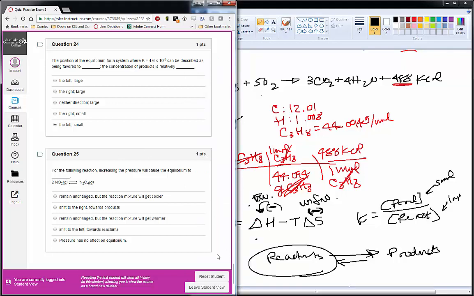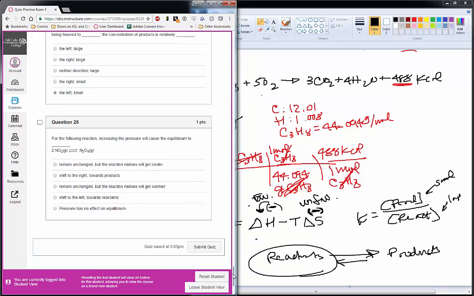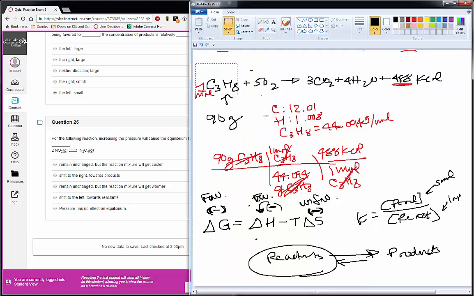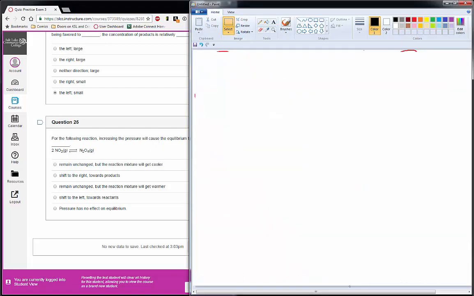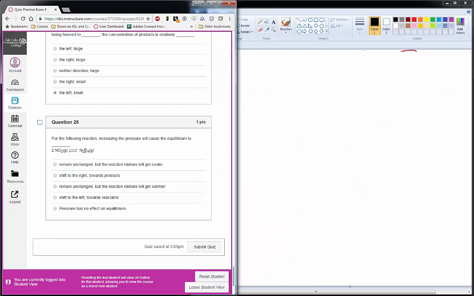Last question. For the following reaction, increasing the pressure would cause the equilibrium to do what? This is one we had a couple of homework problems just like this. And we said that here I've got 2 moles of gas, and here I have 1 mole of gas. And gases take up space. So increasing the pressure says I don't have as much space available, right?